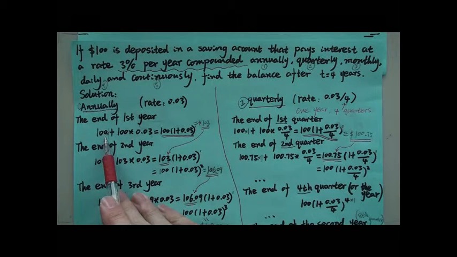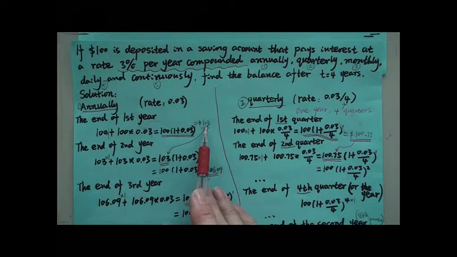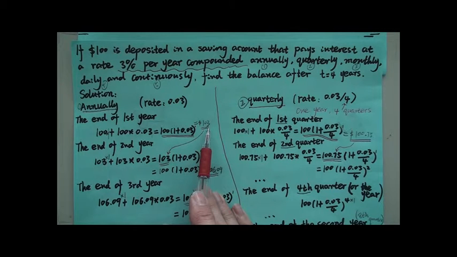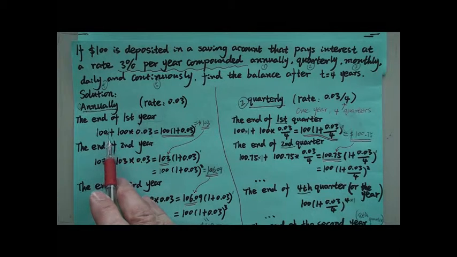Add 100, you have $103. My point here is not really to find the value, it is to derive a general formula. 100 times 1 is still 100.